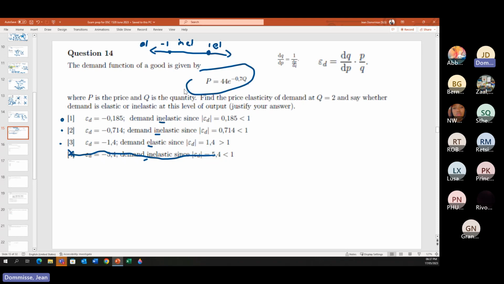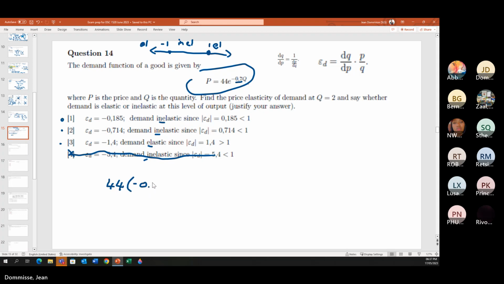Okay, so you just need to, again, now we need to think about, you bring that to the front. And the rest stays the same again.